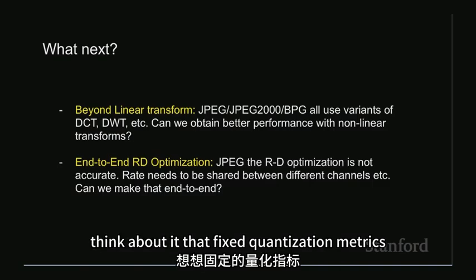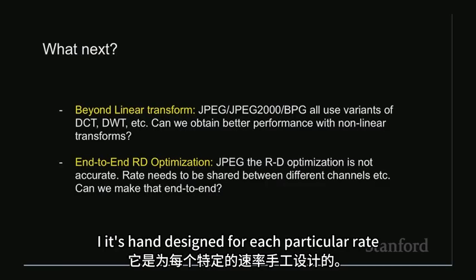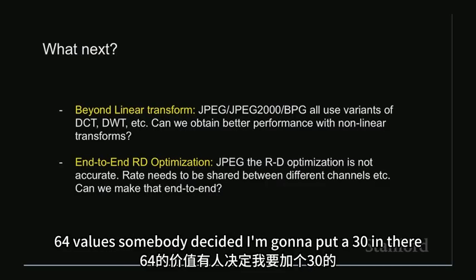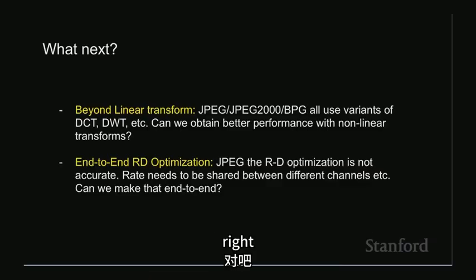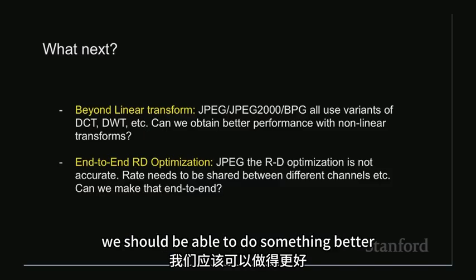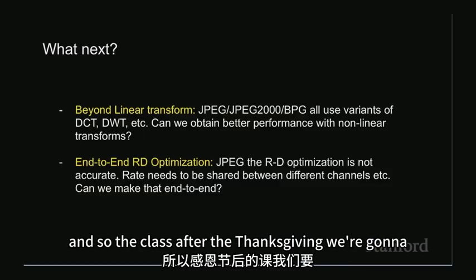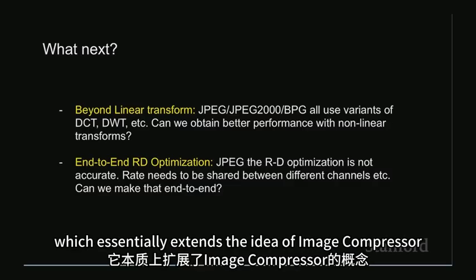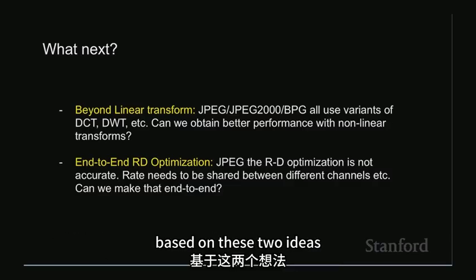Think about it, that fixed quantization matrix is hand designed for each particular rate. So each of those 64 values, somebody decided I'm going to put a 13 there, right? Which doesn't seem like we shouldn't be able to do something better. And so the class after the Thanksgiving, we're gonna go over learned image compressors, which essentially extend the idea of image compressors based on these 2 ideas.